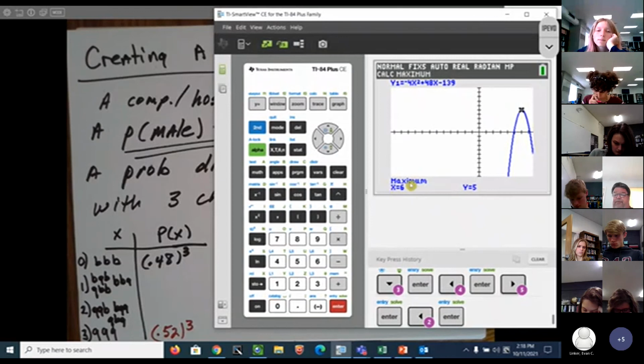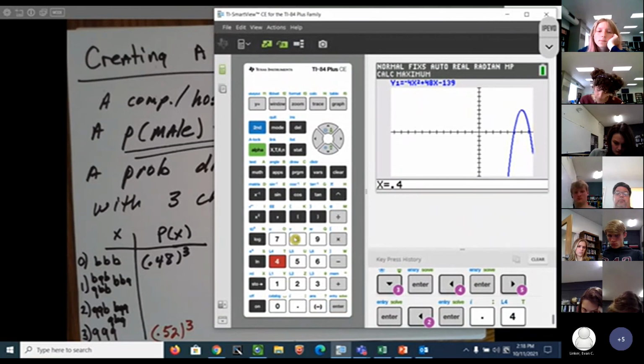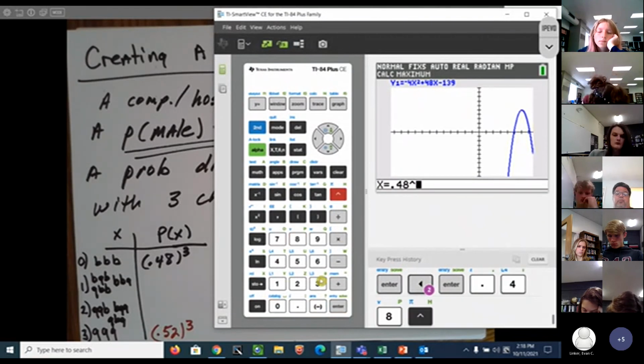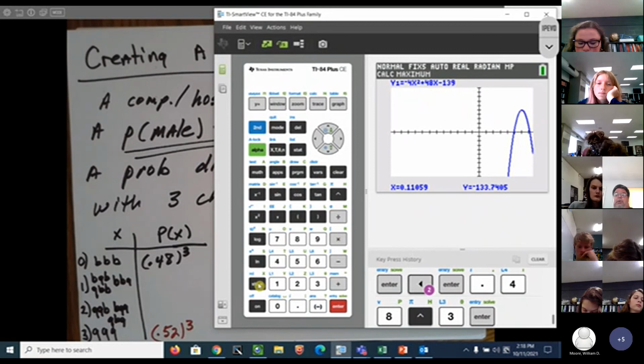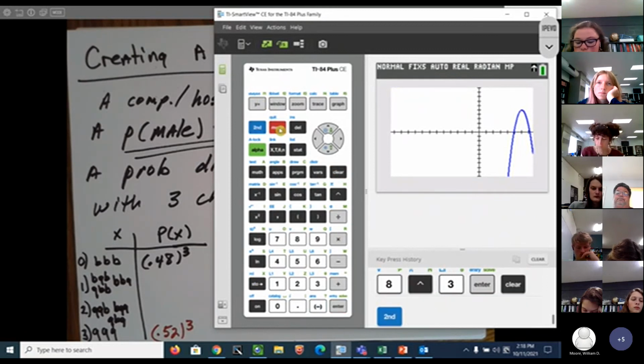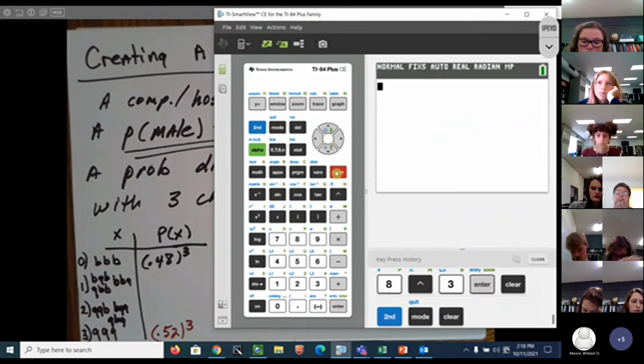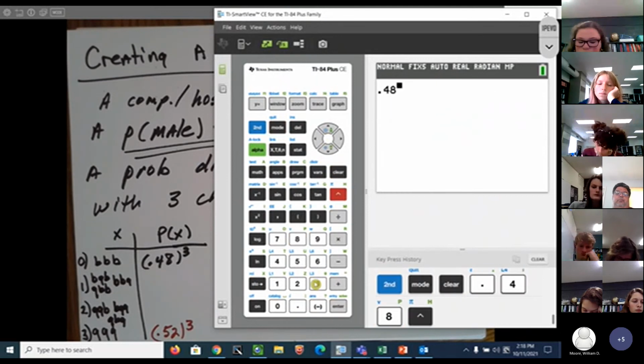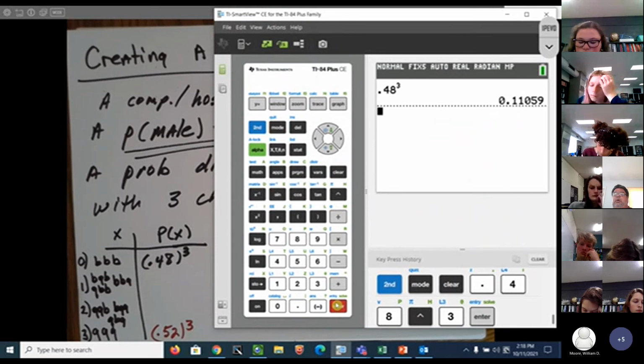So that's going to be 0.48 to the third power. That's 0.1106.